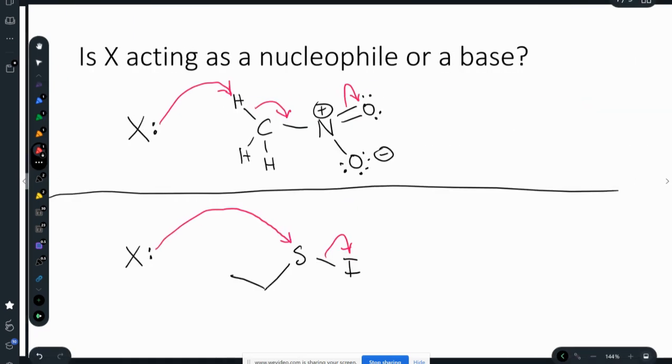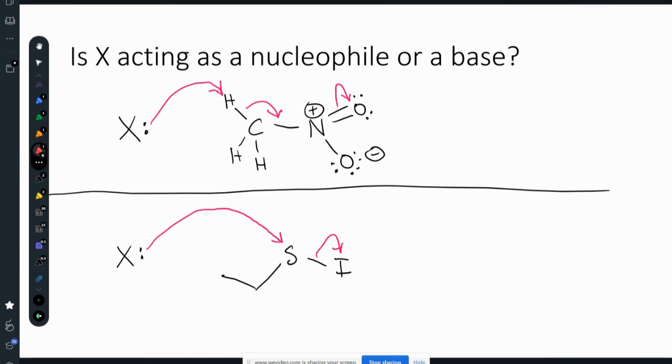All right, so let's do just a couple of examples. So in each case here, I have a molecule labeled X. I want you to tell me, is it acting as a nucleophile or a base in each case? So first case, is there a hydrogen involved?